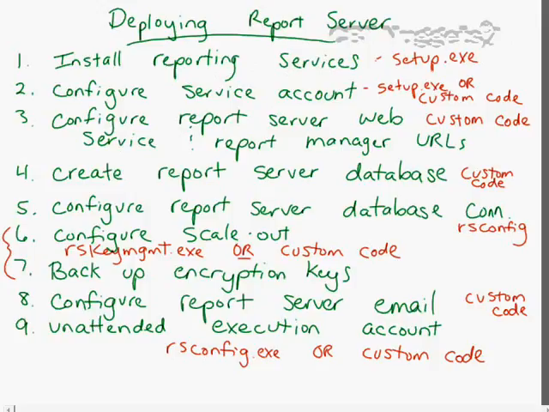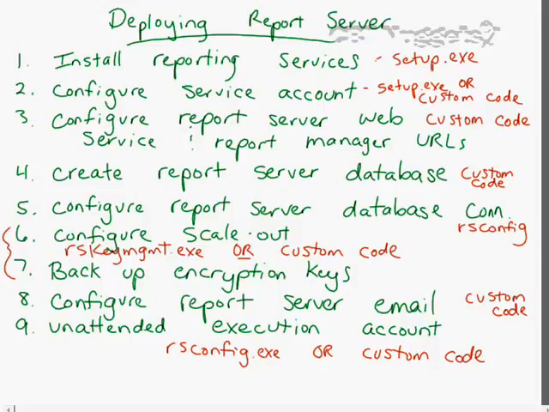So the next step is to configure the service account. Once again, this can be done through the setup.exe file, or you can have your custom code which taps into the WMI provider. We'll talk more about the WMI provider to programmatically make these modifications. Anything that's in red on this page shows you what you need to do in order to automate any of these tasks.